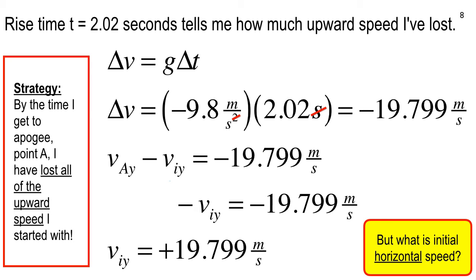Jody Meister. If you're trying to figure out V I Y and you're using the delta V, you're going to have a leftover minus sign in front of the V I Y, which is what we got over here. But if we were in some other problem trying to find V F Y, then that would have a positive sign in front of it because of the definition of delta. Deltas are always final minus initial, later minus earlier, V2 minus V1, whichever one comes later, subtract the one that comes earlier.